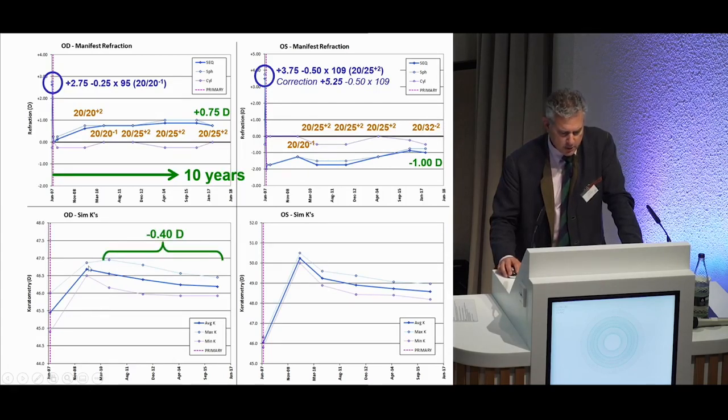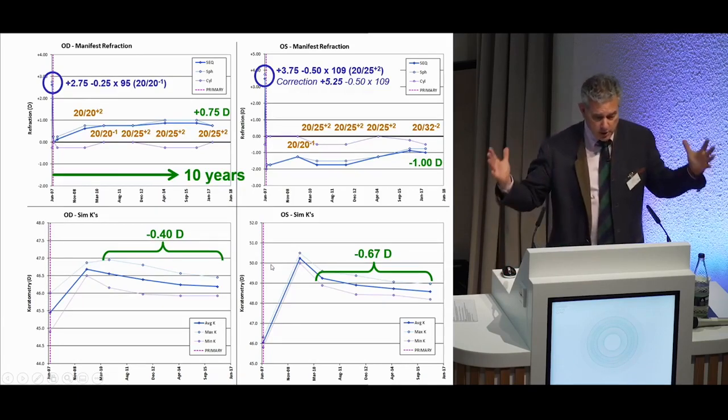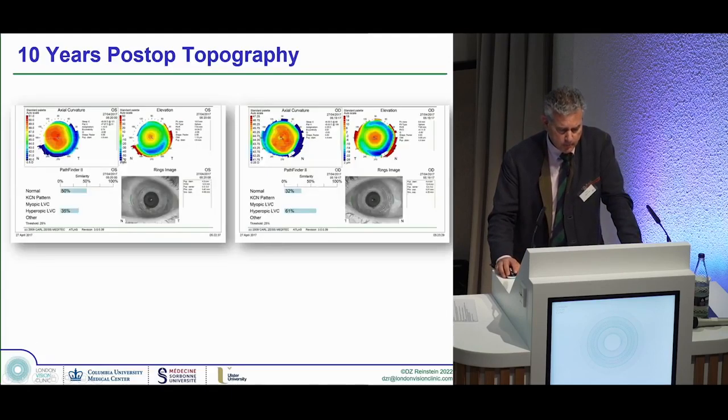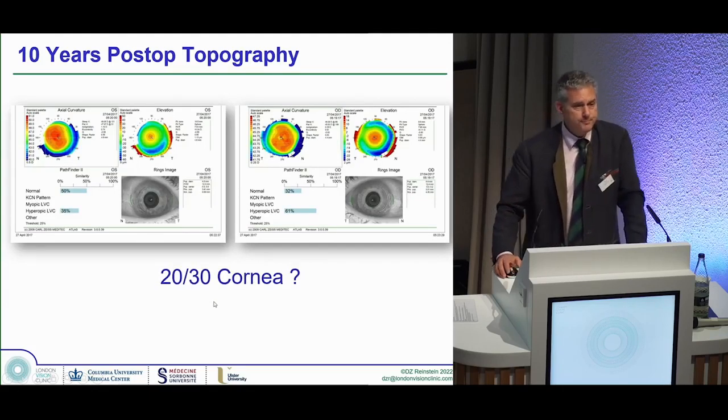So there was a 0.4 diopter shift in Ks in the right eye, 0.6 diopter shift of Ks in the left eye of flattening. So this is a long-term case of PRESBYOND, okay? 10 years. Her beautiful corneas, like this gorgeous, huge optical zones, and she's 20/30.